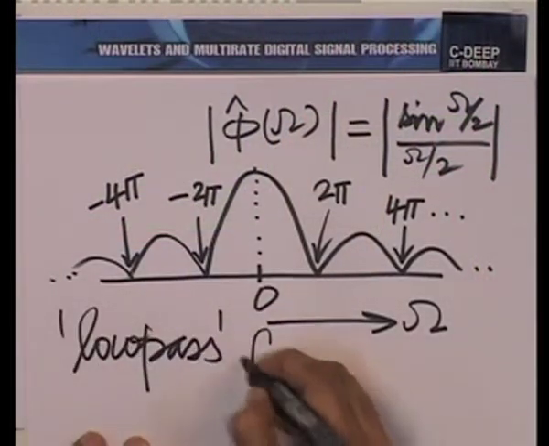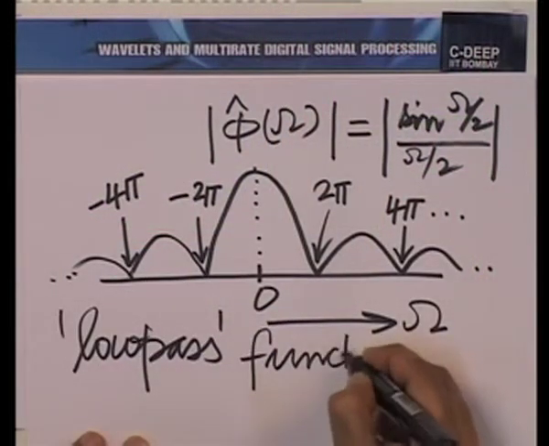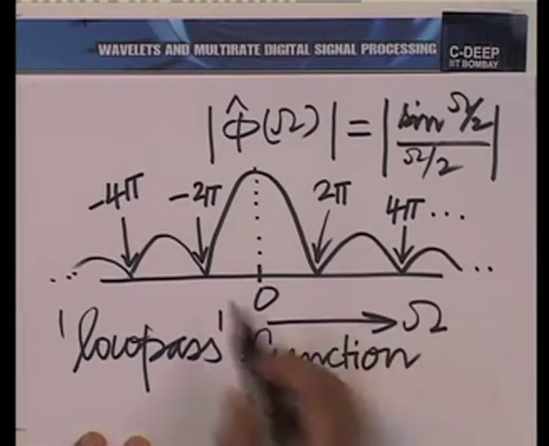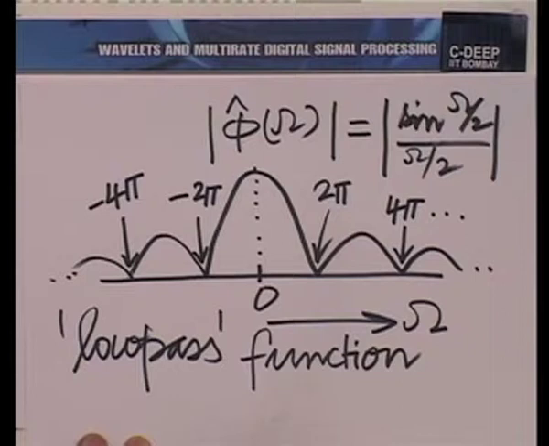Low pass function, of course, is an informal term. You may always argue that after all it does have bands at higher frequencies too, but the point is its prominent bands are around 0. And the farther you go away from 0, the more the spectral magnitude drops off. In that sense, it is low pass.